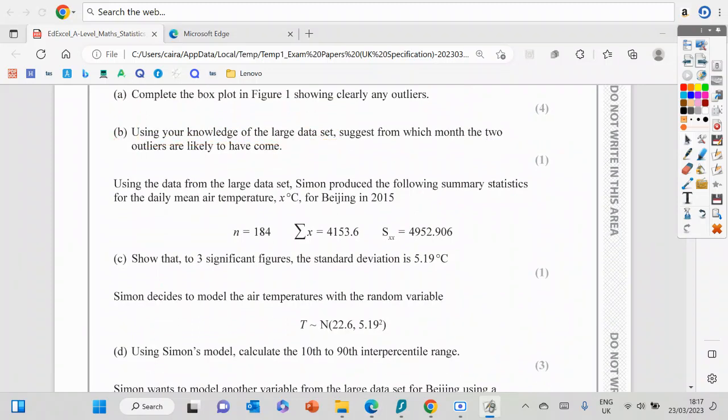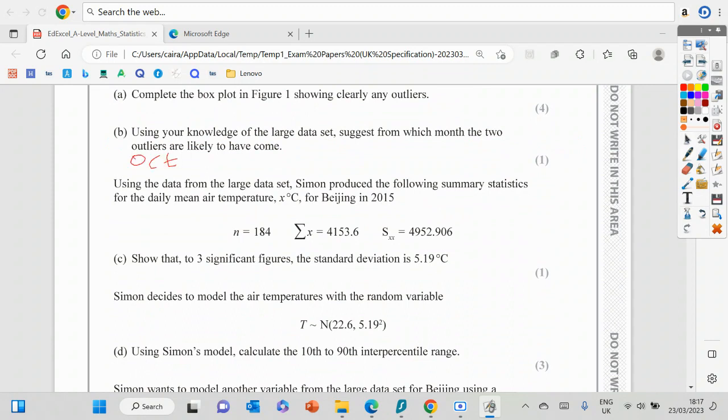There we go. So, using your knowledge of the large data set, suggest from which month the two outliers are likely to have come from. Okay. Well, they probably would come from October.